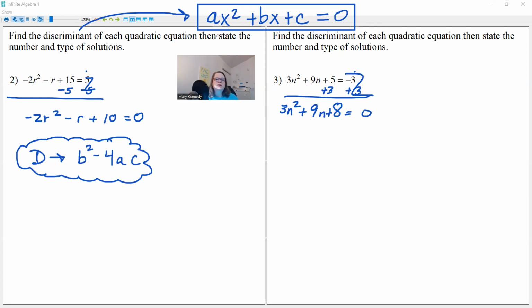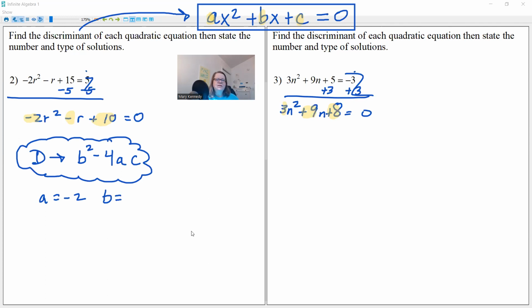Okay, so using this ax squared plus bx plus c, we want to find a, b, and c. And so we can see that here in this problem and here in this problem. All right, so here I have that a is -2.